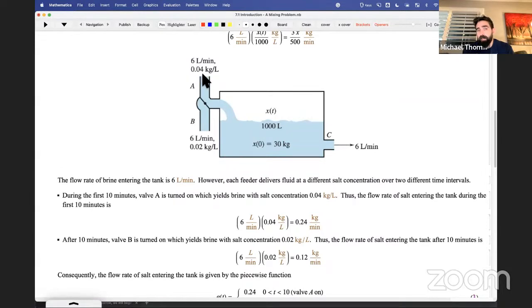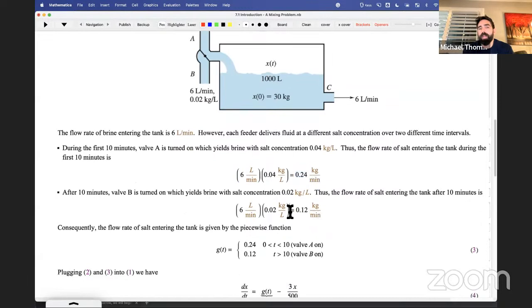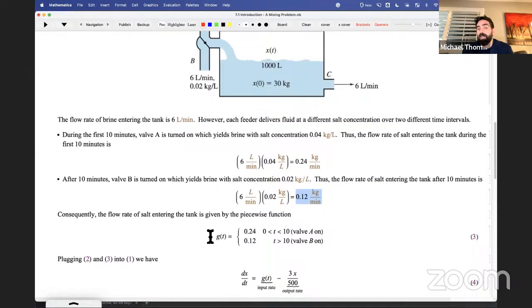So multiply 6 times 0.04 to get the flow rate of salt for valve A being open, 6 times 0.02 for the flow rate of valve B being open. And then we can create a function that models this for the first 10 minutes and then after 10 minutes. Is that okay? All right, so this is the flow rate in the first 10 minutes. That's the flow rate after 10 minutes.